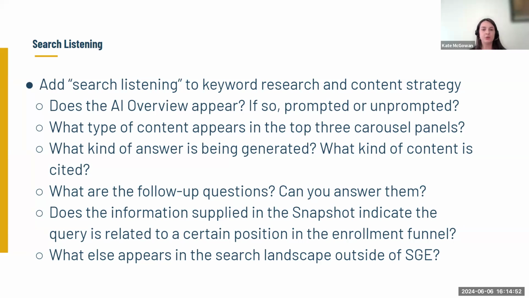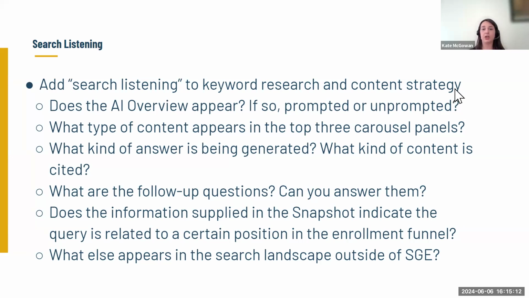So some questions that you can specifically ask to use in your AI overview keyword research is, does the AI overview appear for that keyword? And if it does appear for that keyword, does it appear on its own automatically, or does it have to be prompted by the user?